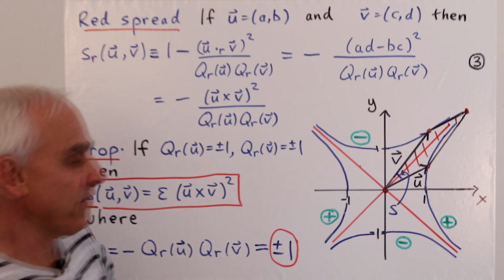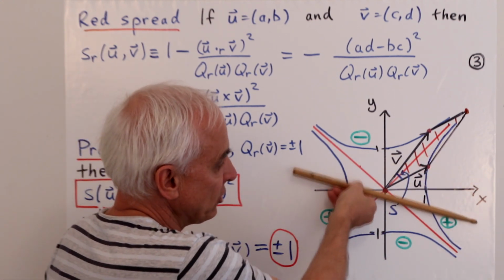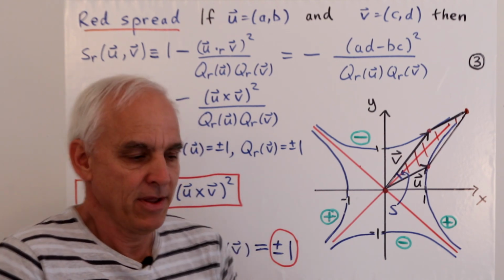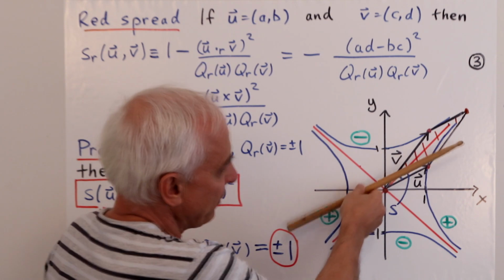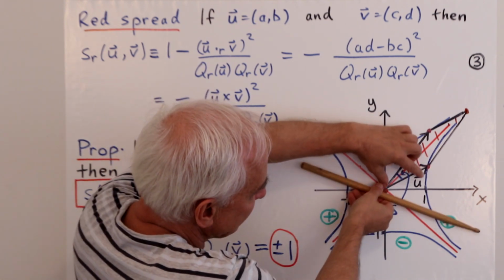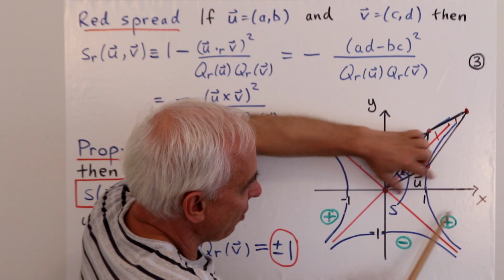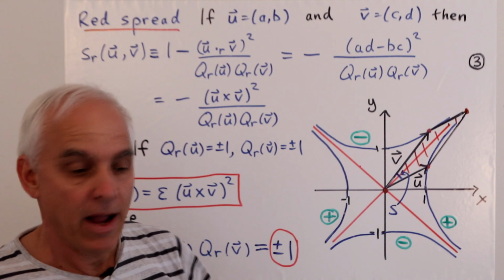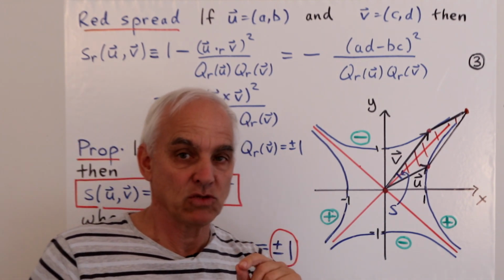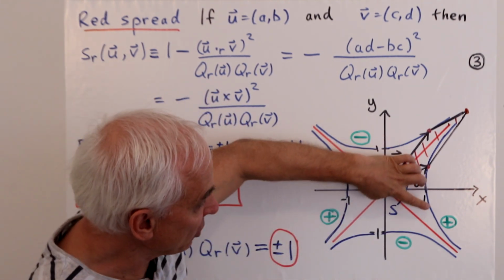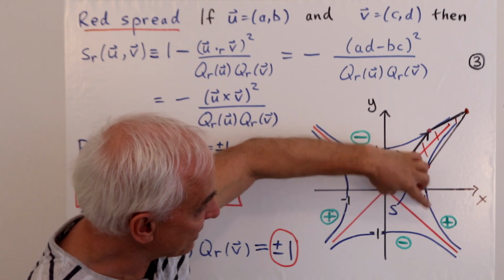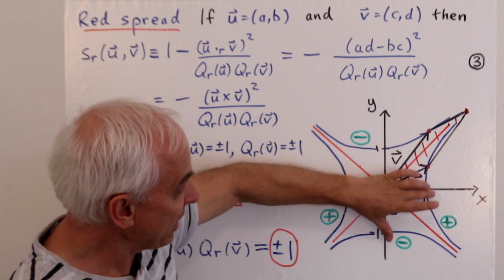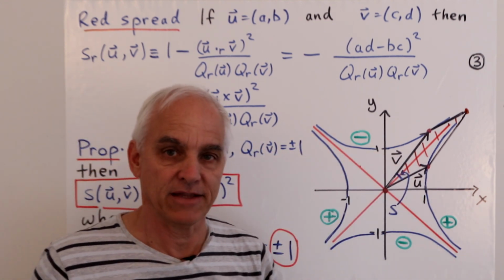This is very nice. So it means that given any two vectors, or any two lines, say, through the origin, and we're interested in what's the spread between them, it's pretty easy to see if we draw our hyperbolas and see where these lines approximately meet the hyperbolas, draw a parallelogram, measure the area of that parallelogram, square it, and then just multiply possibly by minus 1, depending on whether the two vectors are on the same hyperbola, in which case you have to multiply by minus 1, or if they're on different hyperbolas, like here, you just take the square of the area.